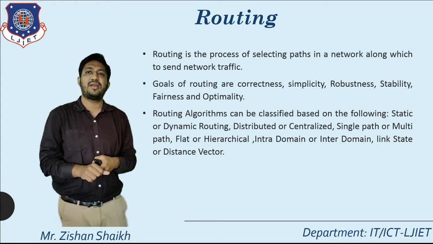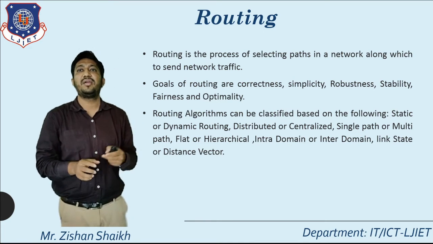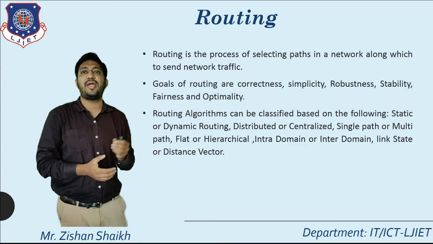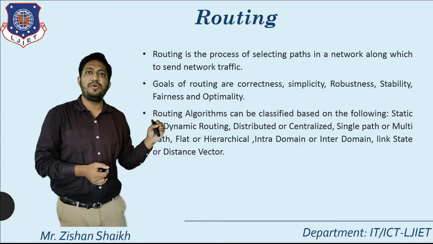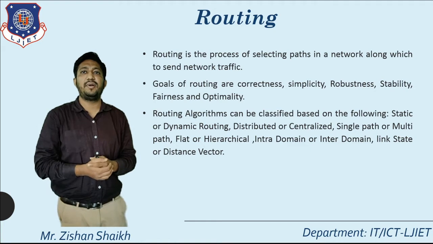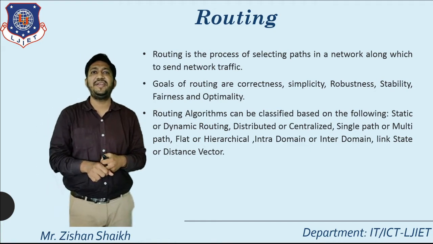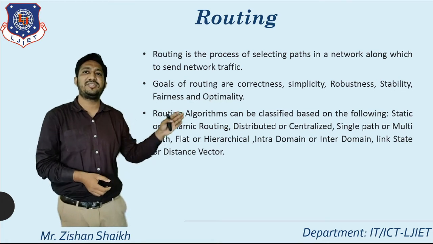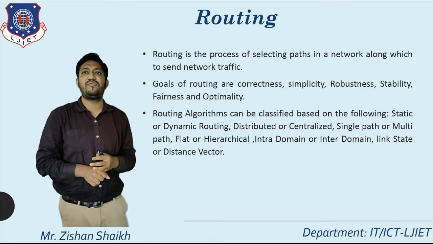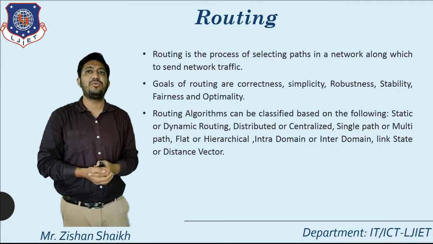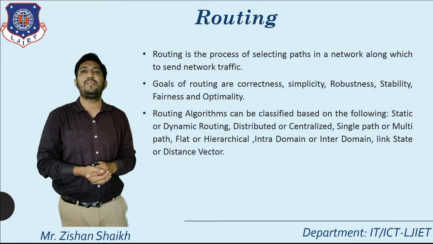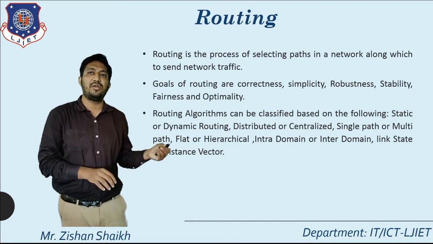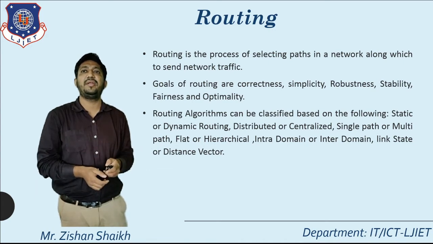For that, different routing algorithms are used, under broad categories: static or dynamic, distributed or centralized, single path or multipath, flat or hierarchy, intra-domain or inter-domain, and link state or distance vector. These are the broad categories under which various routing algorithms are used. These algorithms perform the task according to their properties, and how each particular algorithm performs will be covered in detail.